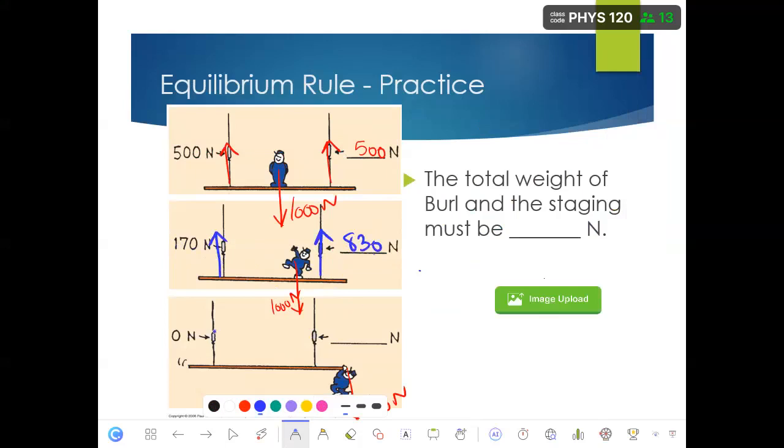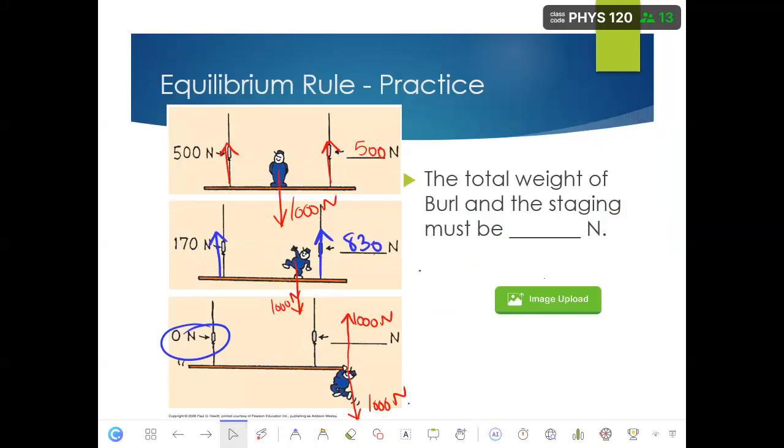Okay, here there is no force. We assume that there is no tension force. So if this is 1000, this should be 1000 Newton. Upward force again should be equal to downward forces.